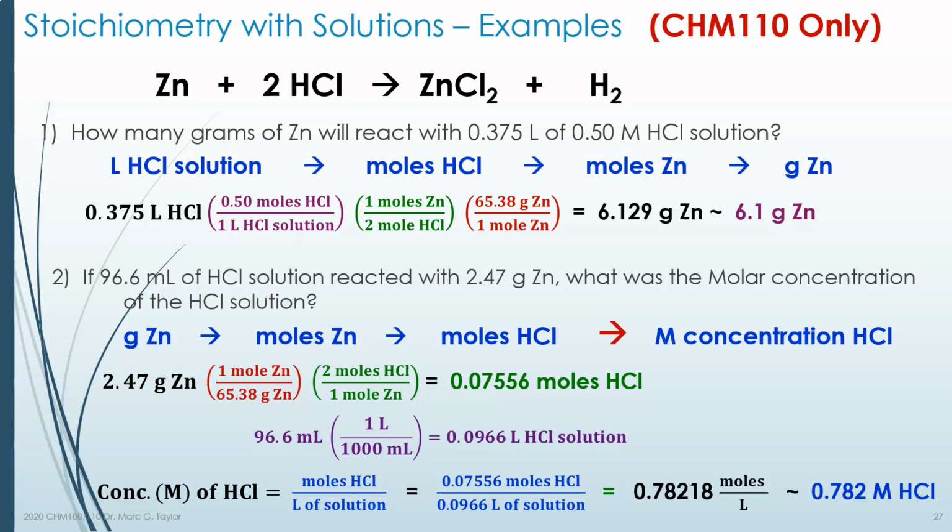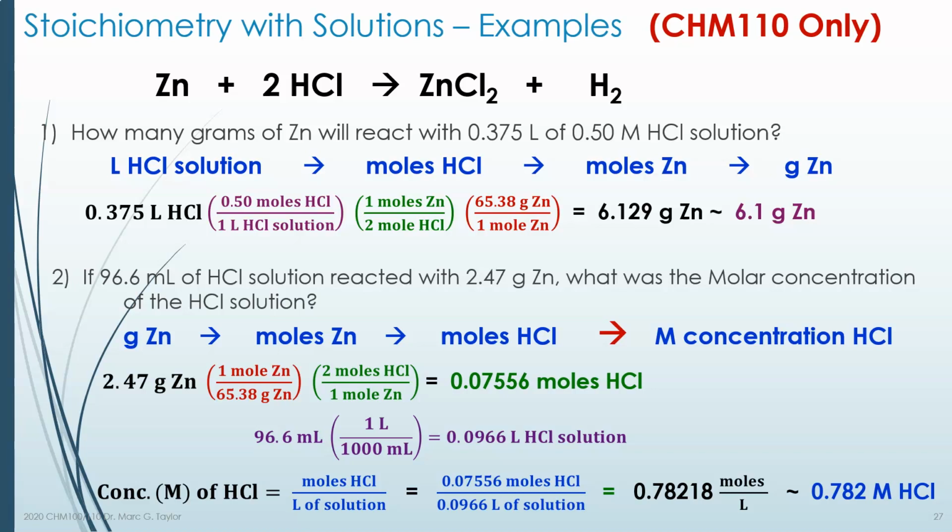And of course, we have to round this, and we look back at our original problem. We have two number values that have 3 significant digits, and all our conversion factors have more than that. Our first one in red has 4 significant digits. Our second one in green actually has infinite significant digits because it's an exact ratio of moles to moles.